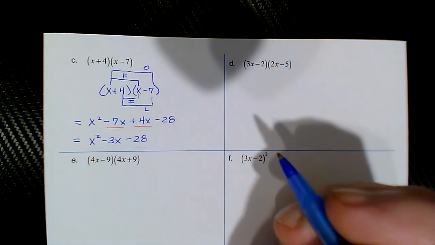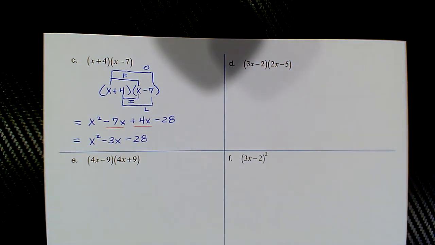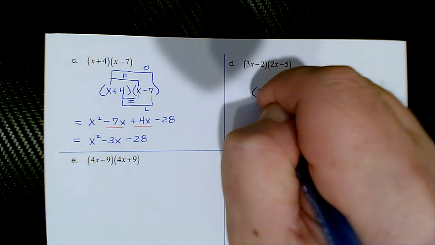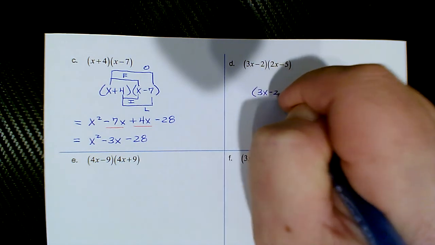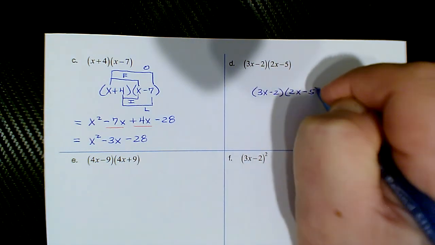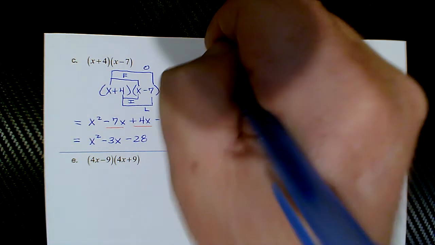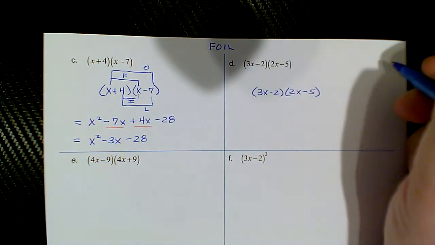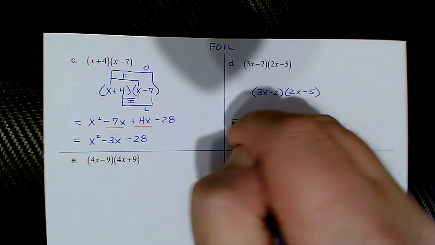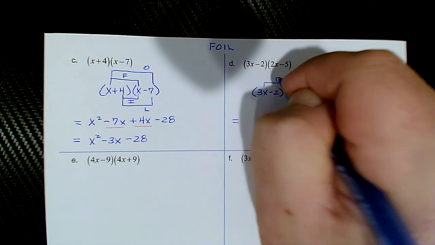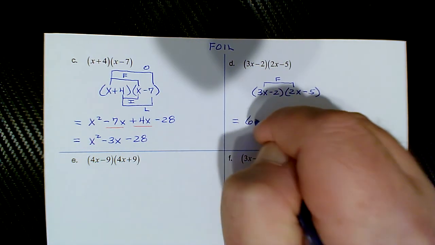Okay, here's one where the coefficients are a little bit more interesting, but it's the same process because, again, we have a binomial times a binomial. So the FOIL method. So product of the first, 3x times 2x. 3 times 2 is 6, x times x, x squared.